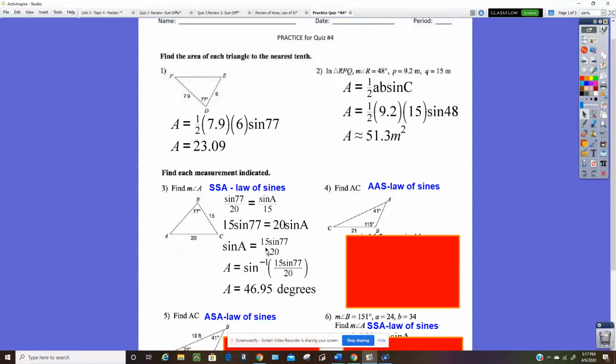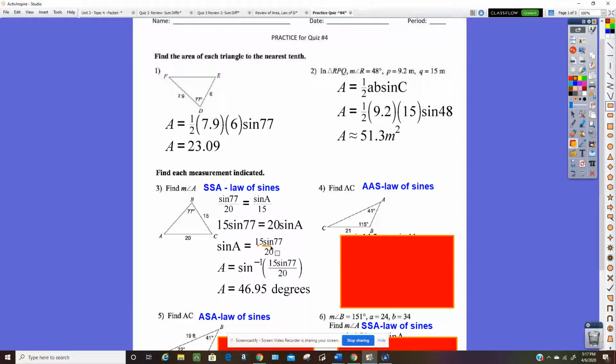Then you want to solve for sine A. To find the angle, you do the inverse sine of this ratio: sine A is 15 times sine of 77 over 20. You get 46.95 degrees.